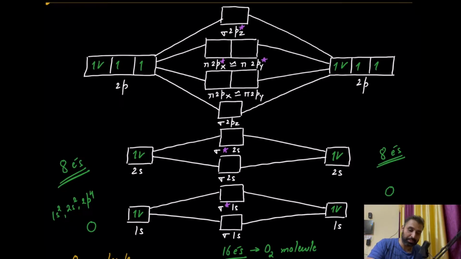So out of 16 electrons, the first 2 electrons will be in sigma 1s, 1, 2, then 3, 4, then 5, 6, then 7, 8, then 9, 10, then 11, 12, 13, 14, 15 and 16. So we have filled the molecular orbitals of the O2 molecule with 16 electrons. Now let's evaluate its bond order.